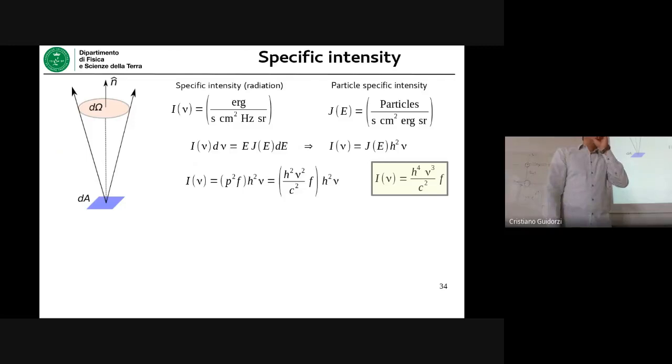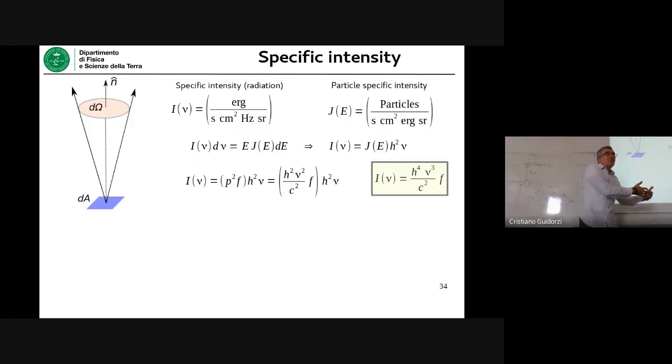This is interesting. Why? By the definition of the specific intensity, intensity is useful to describe how much radiation is coming out of the surface of a given object which is emitting radiation.